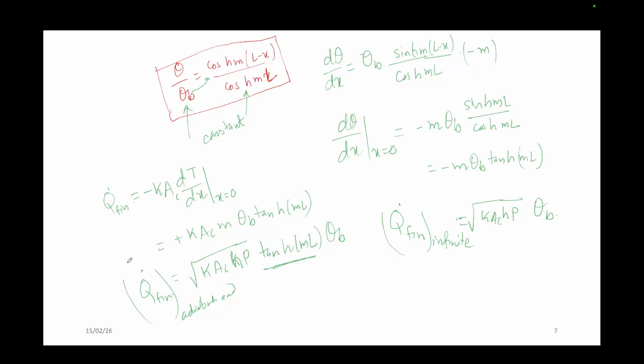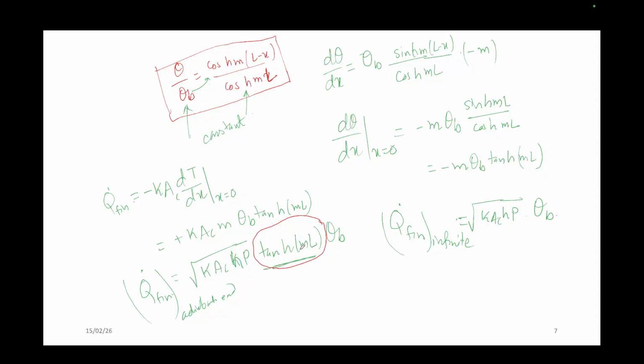So in the GATE exam, a question comes asking what is the ratio between these two? Say, for a given question, two cases are given. One is for an infinitely long fin and another is for an adiabatic end fin. So you are asked to find the ratio of the heat transfer in both cases. The main difference is this tanh mL.